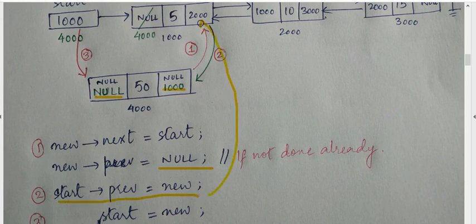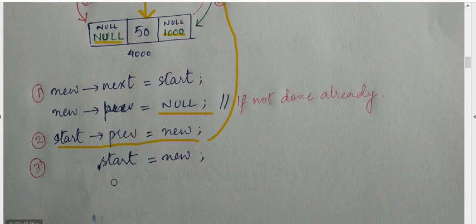So start in the previous of 1000, that means we are actually talking about this node. In the previous of 1000, which is actually here, we are putting the value 4000. New has the value 4000. So now this 5 node is going to be your second node, and it should point back to 4000. So you're actually doing this step 2 here.